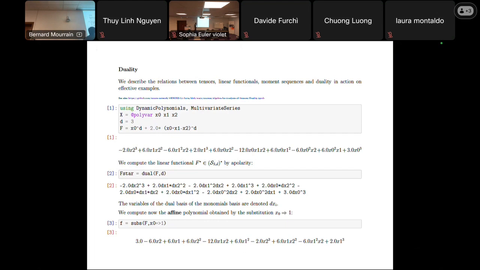And it corresponds to this polynomial. Now we want to see what is the dual of this element in the homogeneous setting. There is a function in this package, divide series, which takes the dual, simply dividing by the binomial coefficient.